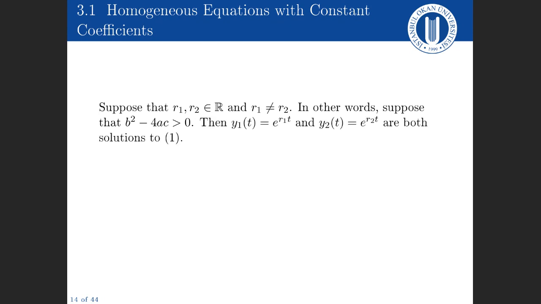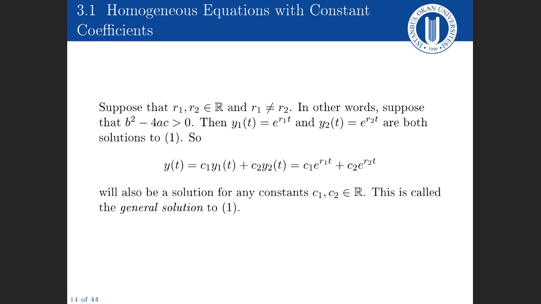Then we have two solutions, e to the power r1t and e to the power r2t. So we can take a linear combination of these two functions, and we still have a solution. C1 e to the power r1t plus C2 e to the power r2t is called the general solution to equation 1.